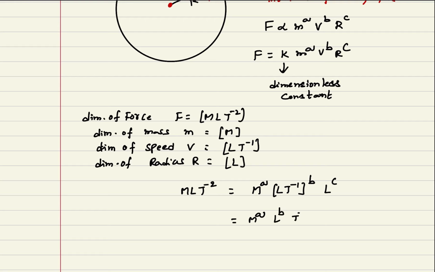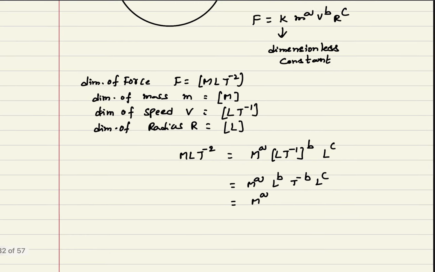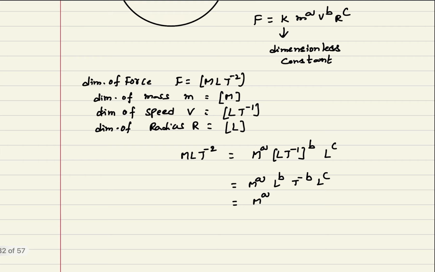You can write M power a, L power b T power minus b, L power c. Write all the same bases together: M power a, L power b plus c, T power minus b.